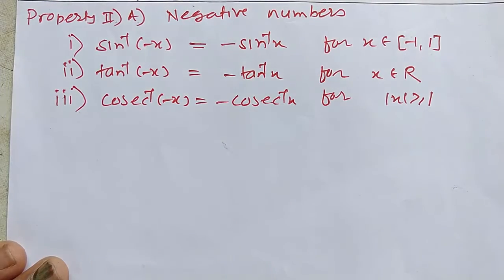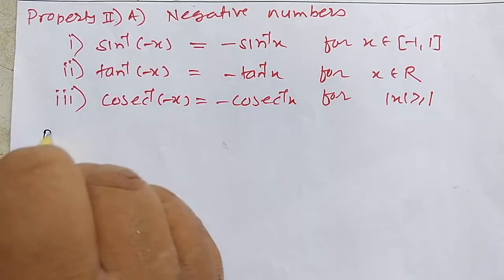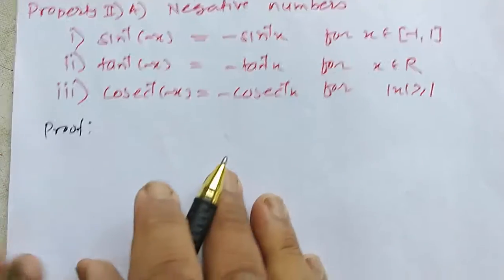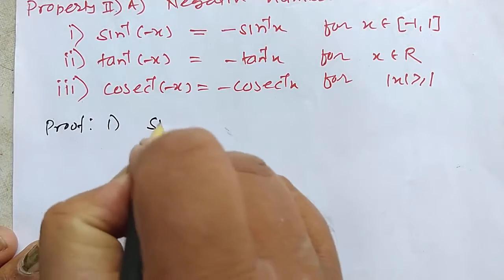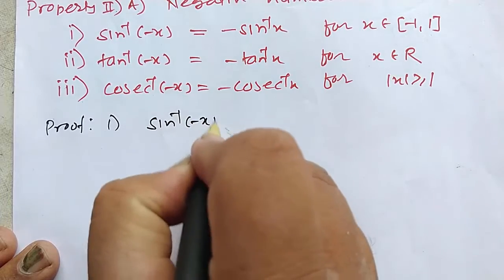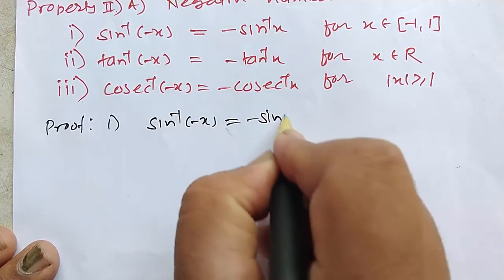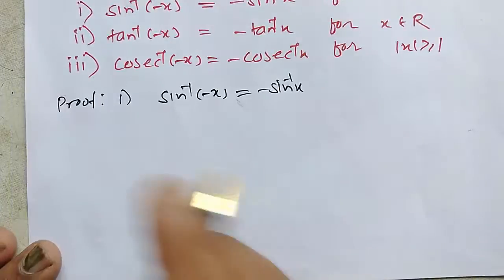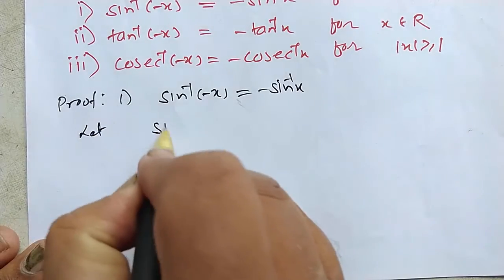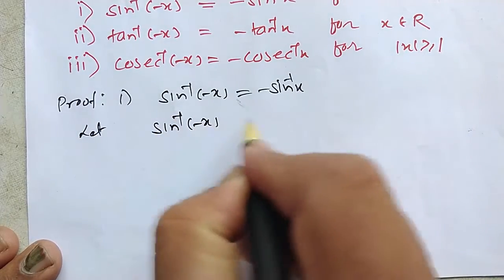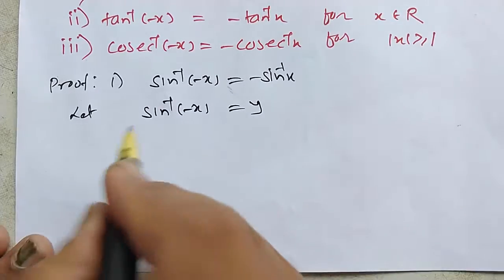Proof. Number 1, sine inverse of minus x is equal to minus sine inverse x. Let sine inverse of minus x be equal to y.